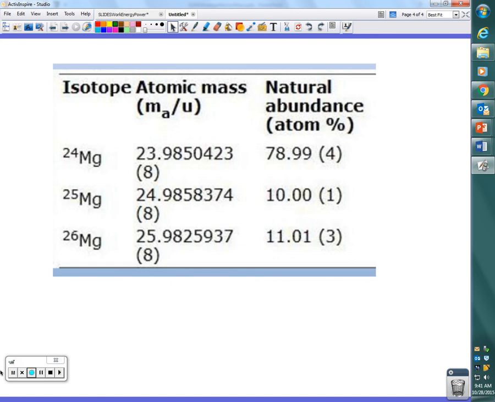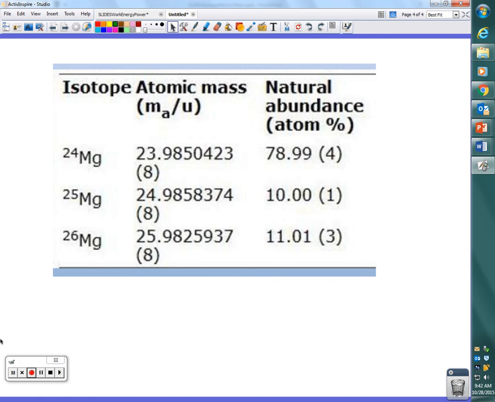No, it's going to be closer to 80, right? Because each of those 80 grades brings the average down. Here, there's a lot more magnesium 24s than the other 2. And that brings the average closer and closer and closer to the mass of magnesium 24.